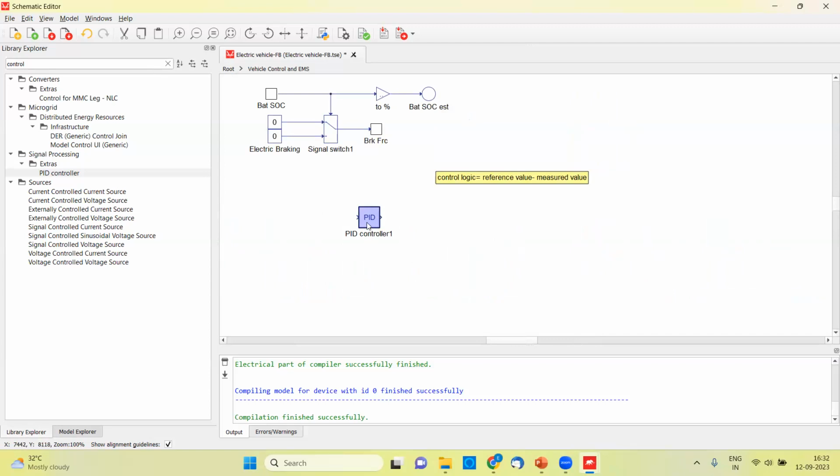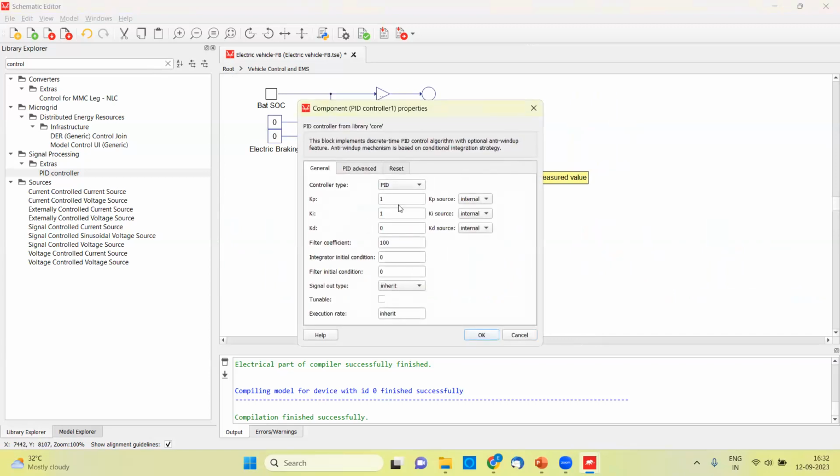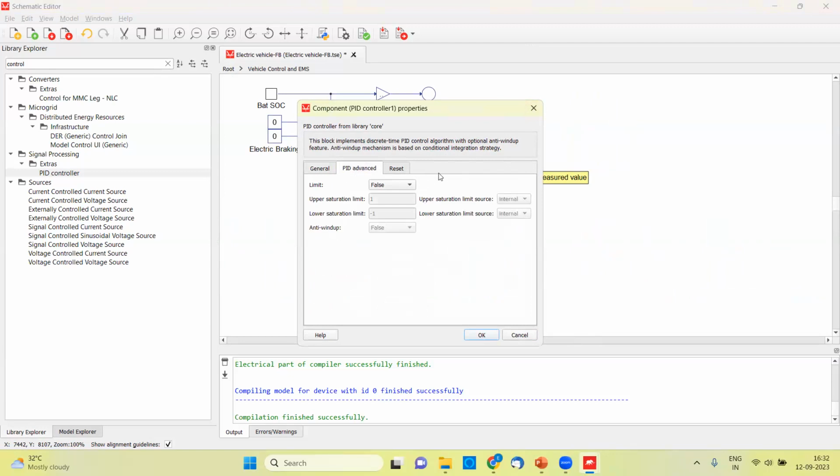What I mean by mathematically modeling it is that instead of using this block, we will create it by using some gain block, by using some constant block. We will provide this Kp value separately, Ki value separately, one integrator separately, then we will give some initial condition to that integrator, then we will use one limit block separately.